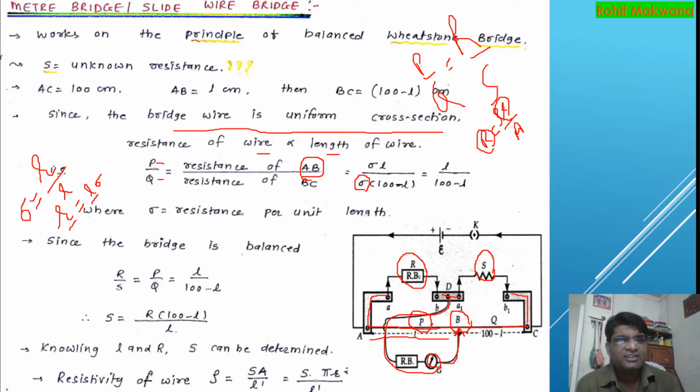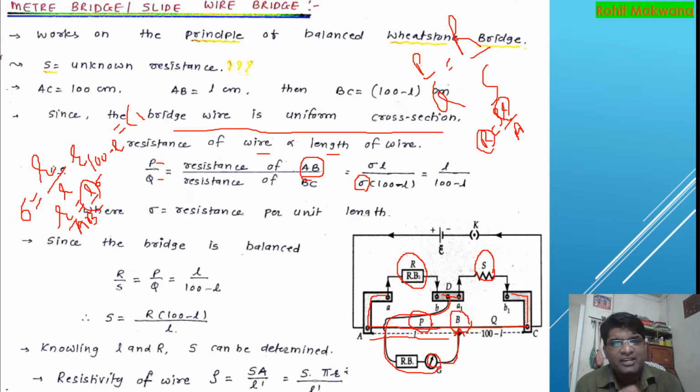Is that clear? This small r for the AB part is for the length L. Now if you write the small r for the other length, that means for BC, it is for length 100 minus L, and that is equal to 100 minus L into sigma.